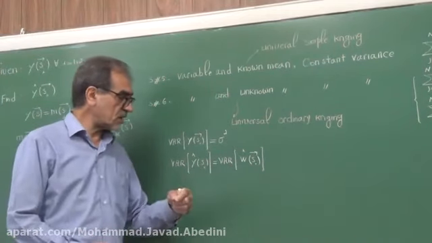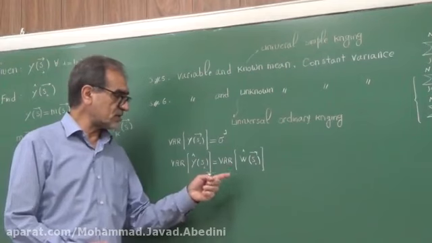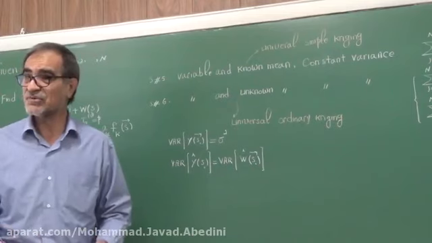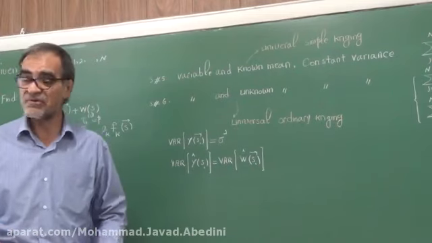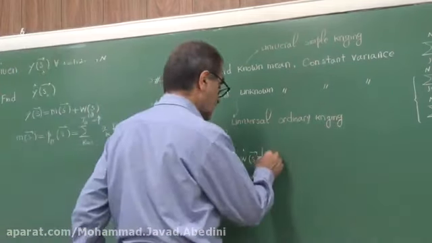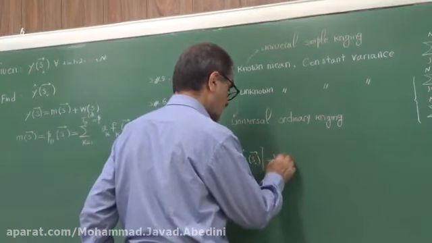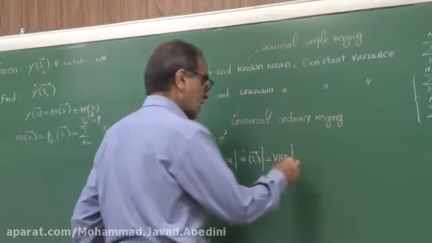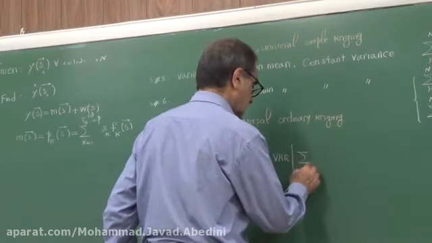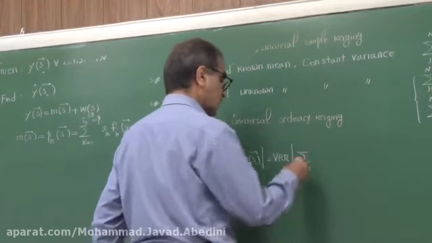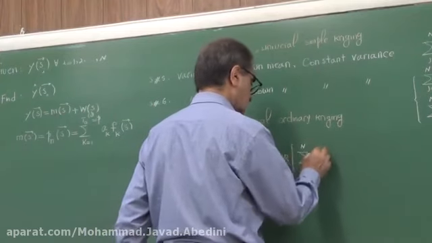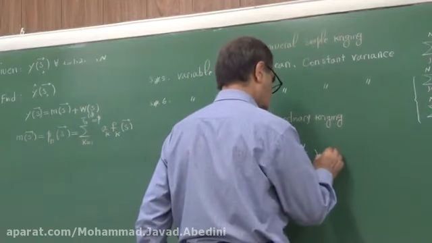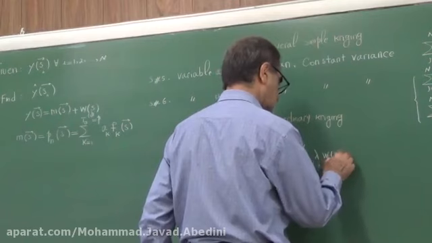And then, if you look at your lecture note, you will notice that here we manage to compute variance of estimated value. How? Because we could write this as variance of summation i from 1 to n, lambda i W Si.